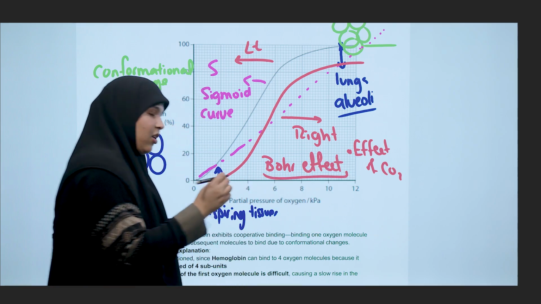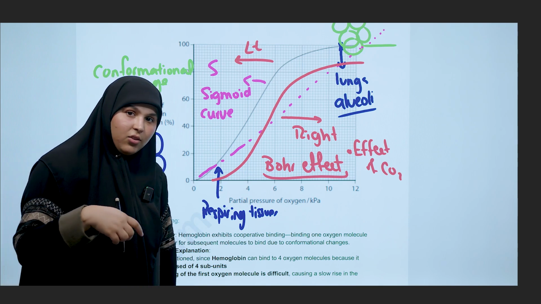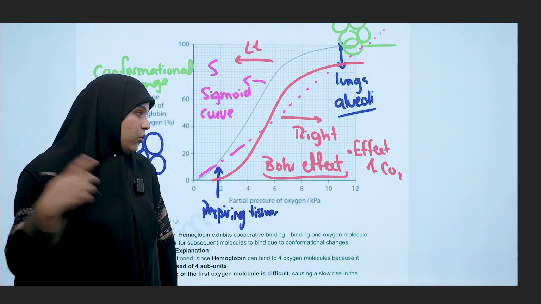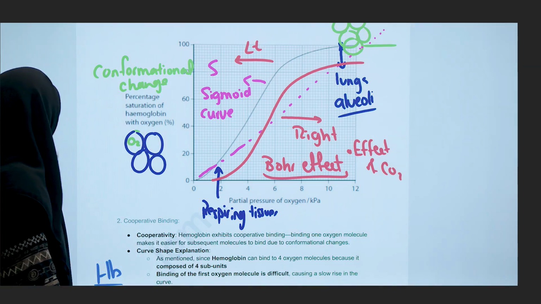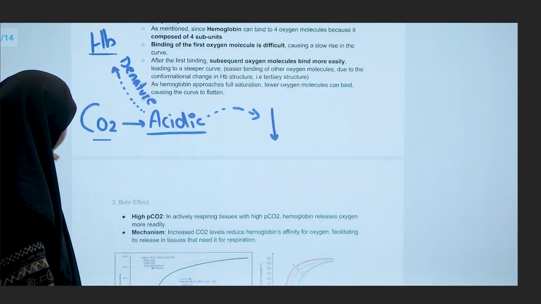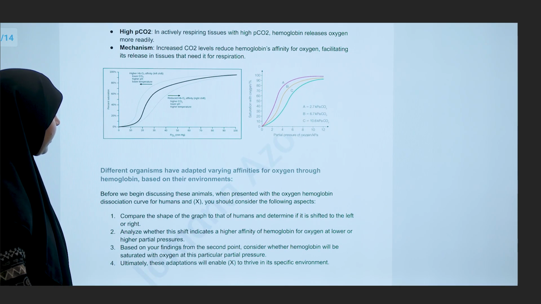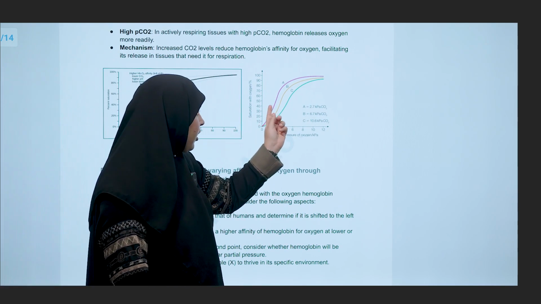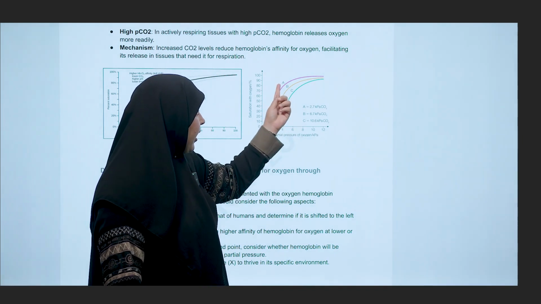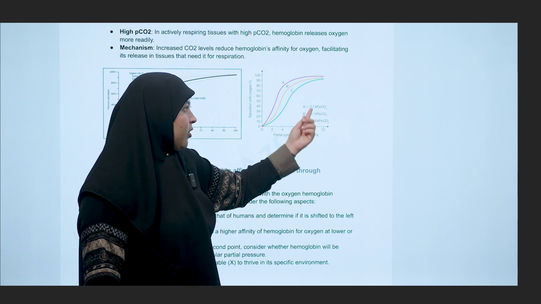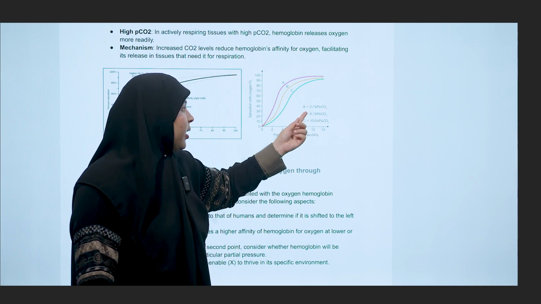Because we know also that carbon dioxide can bind faster to hemoglobin; it has higher affinity to carbon dioxide compared to oxygen. So if we go in here, the lower the pH. In curve A, where the pressure, here in kilopascals, is the partial pressure of carbon dioxide.